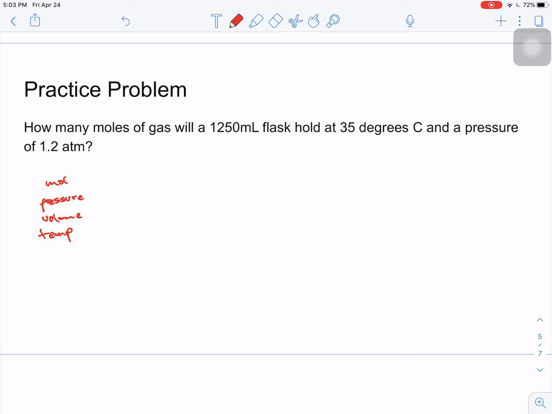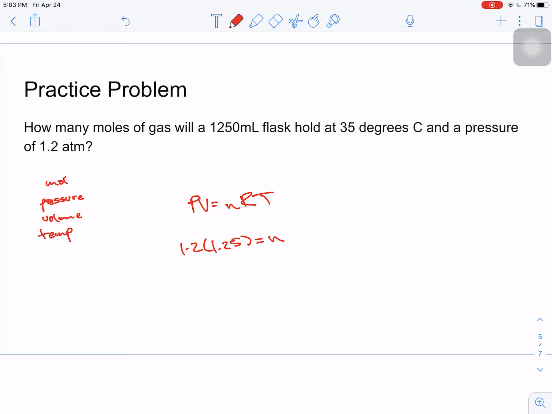So PV equals nRT. Remember, we have pressure, it's in atmospheric, so 1.2. We have volume, but we have to convert that to 1.25 because we need liters. We're looking for moles, so we don't have n.